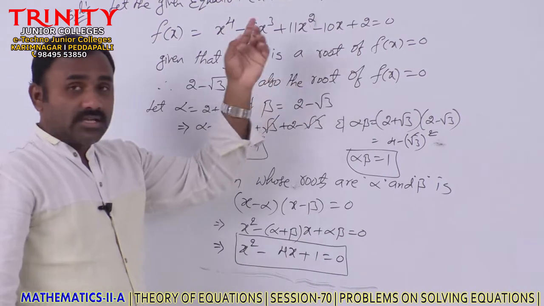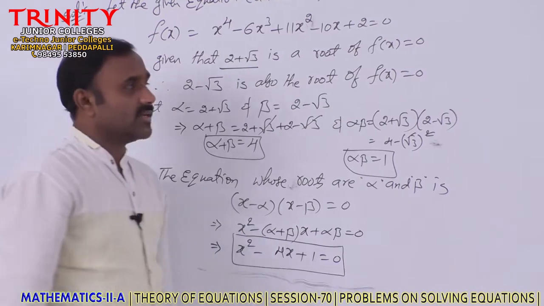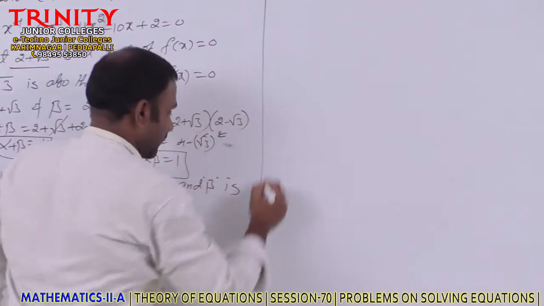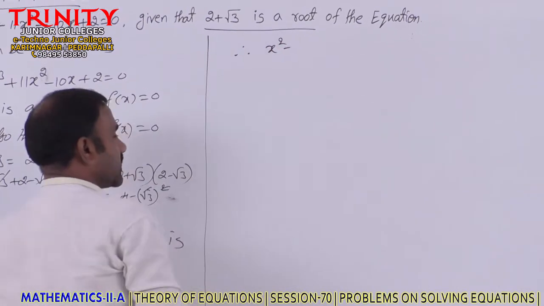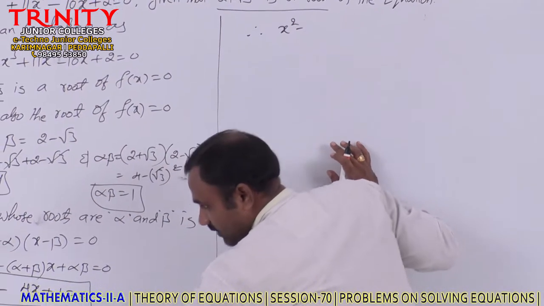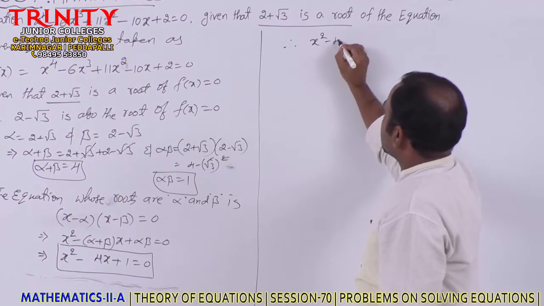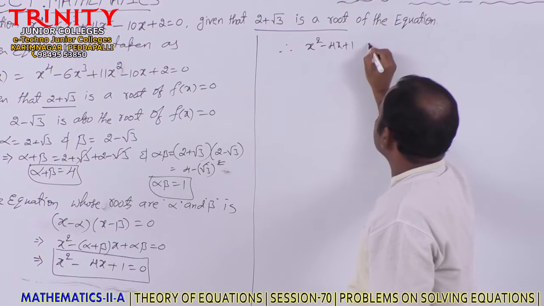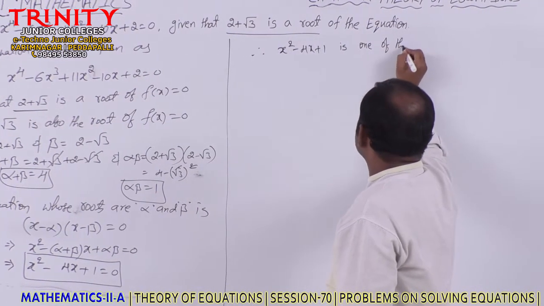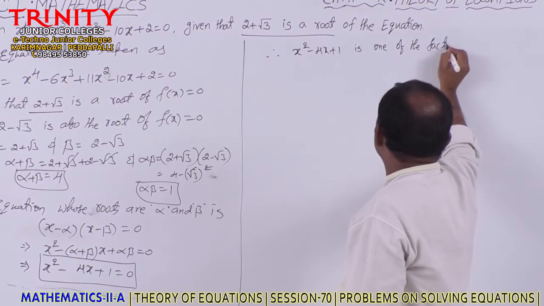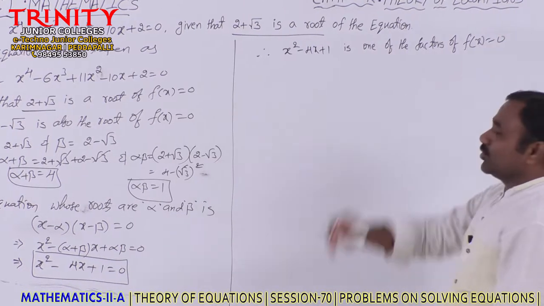Factor means it divides the polynomial. Therefore, the quadratic equation we got here, x square minus 4x plus 1, is one of the factors of f of x equal to 0.